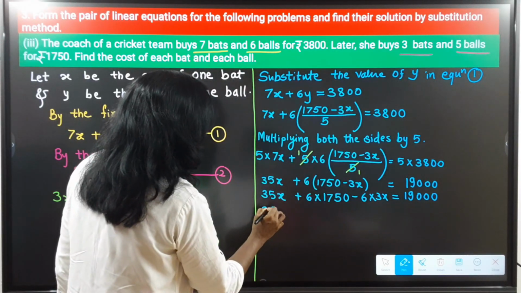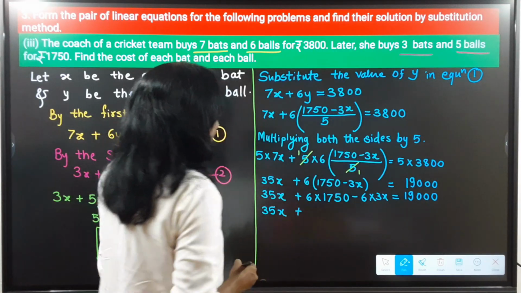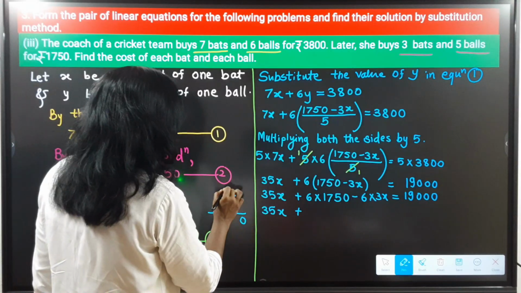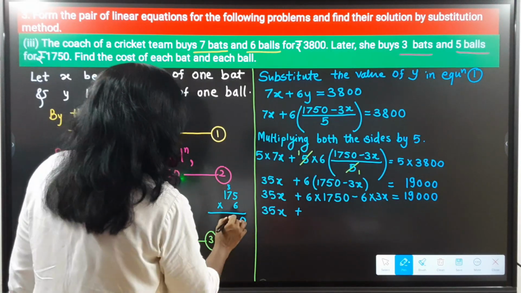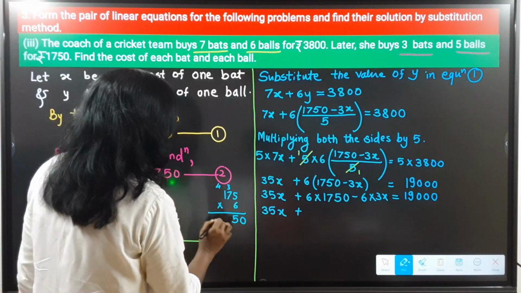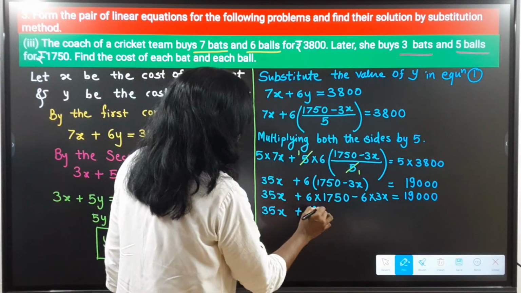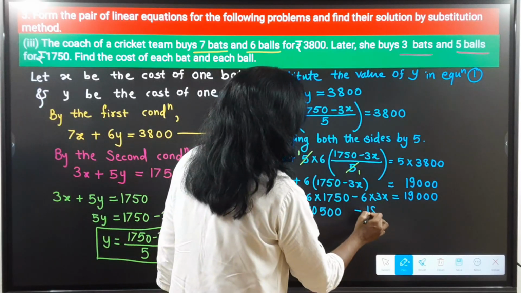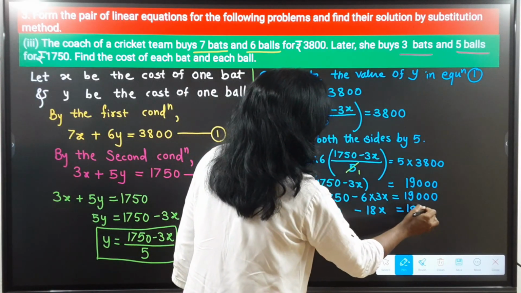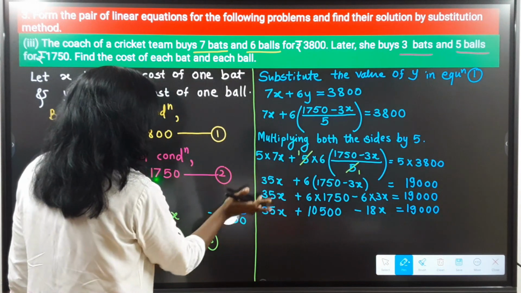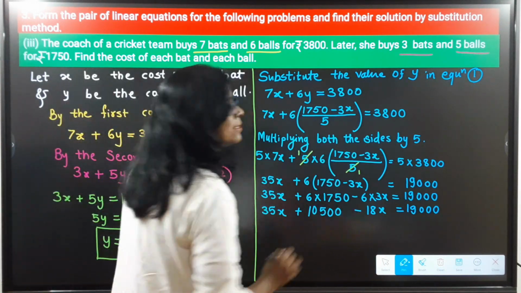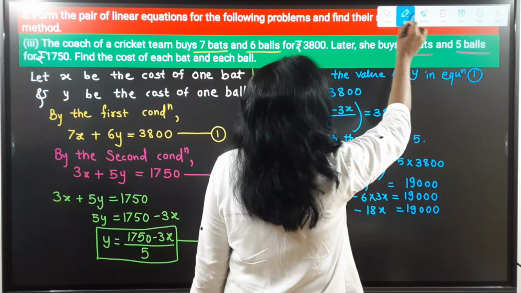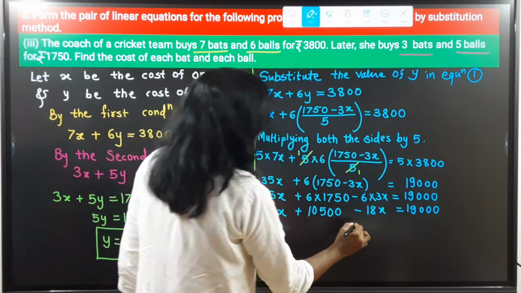Then 35x plus 6 multiplied by 1,750: 6 fives are 30, then 6 sevens are 42 plus 3 is 45, and 6 ones are 6, so 1,050 and this 0 also comes here, giving 10,500. And 6 threes are 18x is equal to 19,000. Now, students, see 35x minus 18x, that will be 17x.